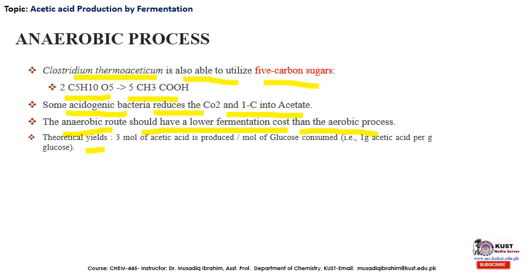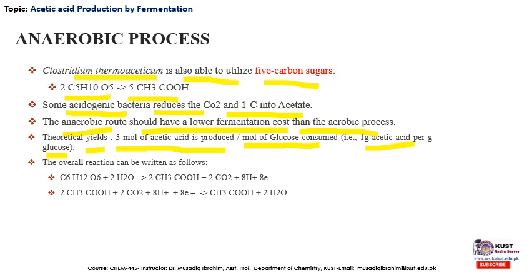Theoretical yields, based on the calculations on paper: 3 moles of acetic acid are produced from 1 mole of glucose consumed. That is 1 gram of acetic acid is produced per gram of glucose. The overall reaction can be written as follows.